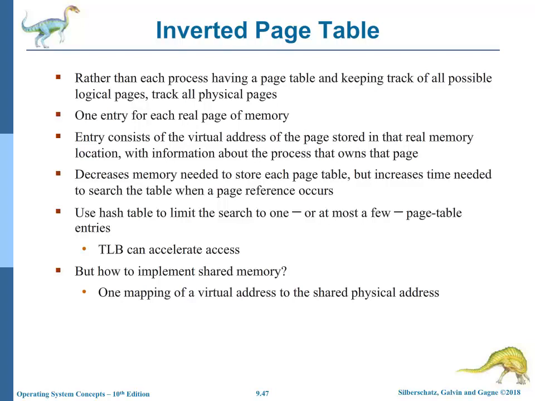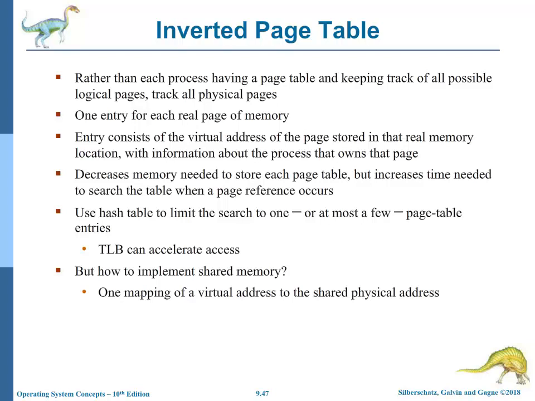For example, there is one entry per frame instead of one entry per page. Access to an inverted page table can be slow, as it may be necessary to search the entire table in order to find the desired page or to discover that it is not there. Hashing the table can help speed up the search process.